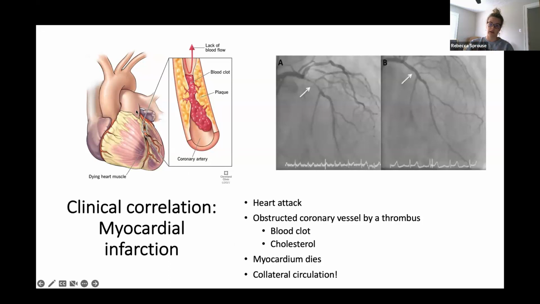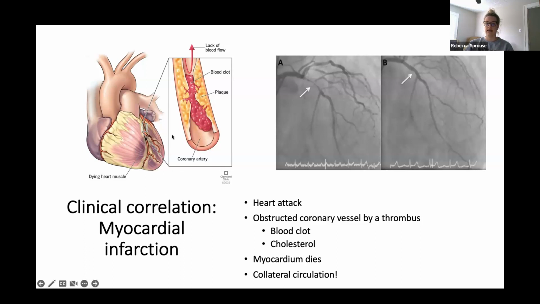So for example, here, this is a clot in the left coronary artery, the descending branch here, or the anterior interventricular. This would be like that LAD that I talked about. Here's the clot. So everything below that is going to be compromised. So that heart muscle is going to be dying off.